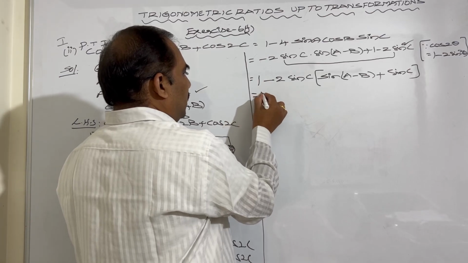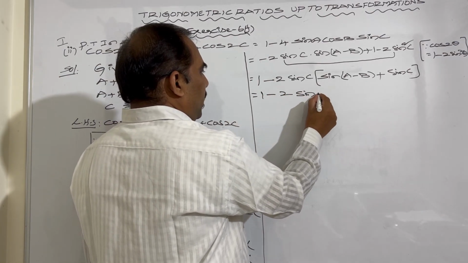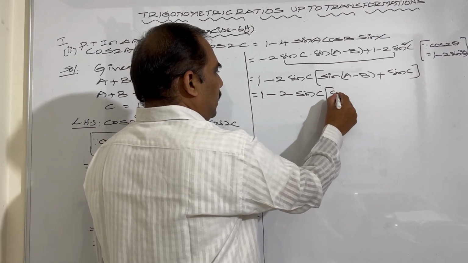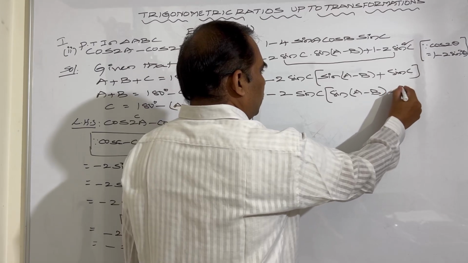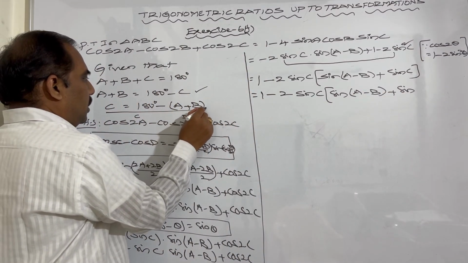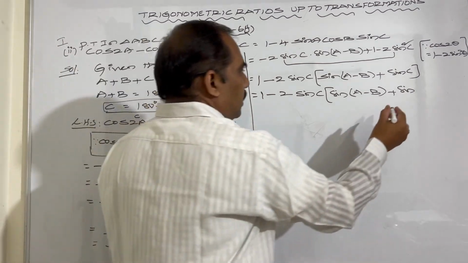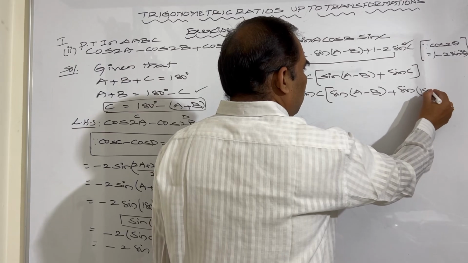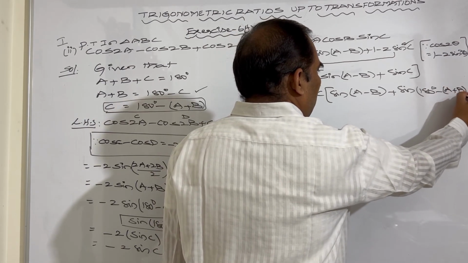And further, to prove the required thing, now we have 1 minus 2 sin C into sin of (A minus B) plus sin C. C is replaced by 180 minus of (A plus B).